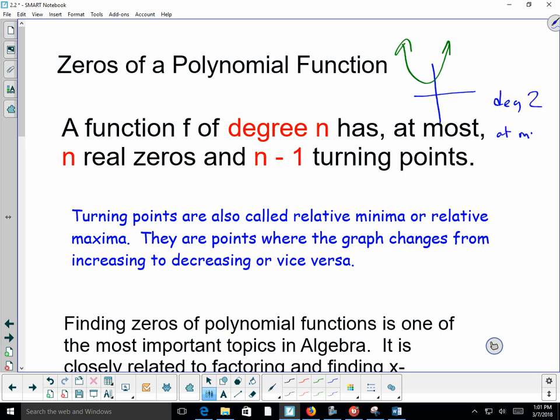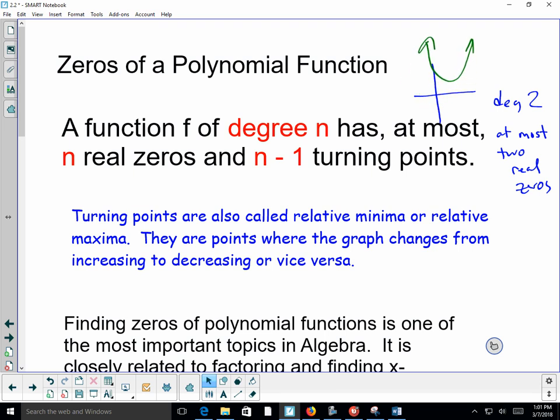And I just demonstrated that here. This one has 2 real zeros. This one has 1 real zero. That one has no real zeros. All right. And it has at most n minus 1 turning points. This place where it goes from going down to going up, that would be a turning point.